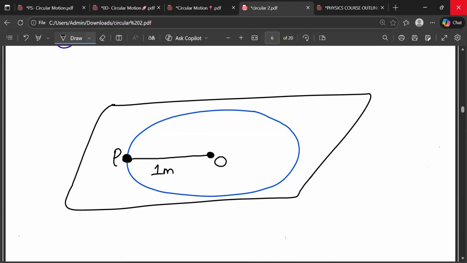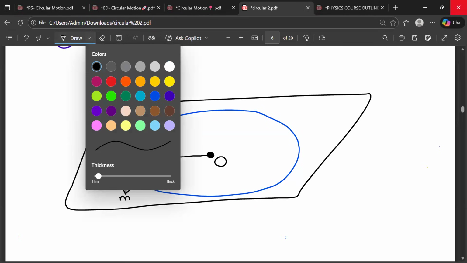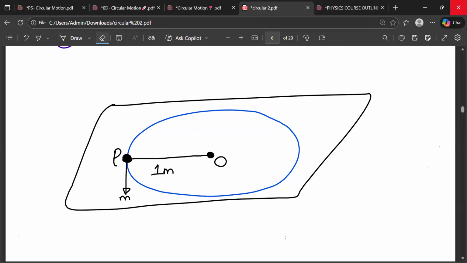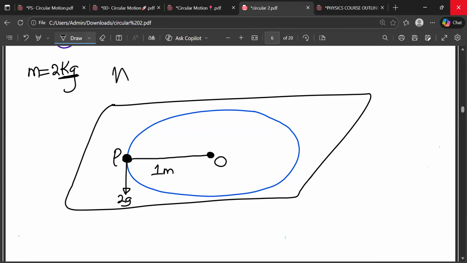So because of 2 kilograms, I'll come here and say mg. But remember, m is 2 here. So it's better I say 2g. This is 2g. They are saying the mass is 2 kilograms, and thank God it is already in kilograms. And you all know that weight is mg, where m is mass in kilograms. So my weight can just be 2g. Hope you're not seeing that for the first time.